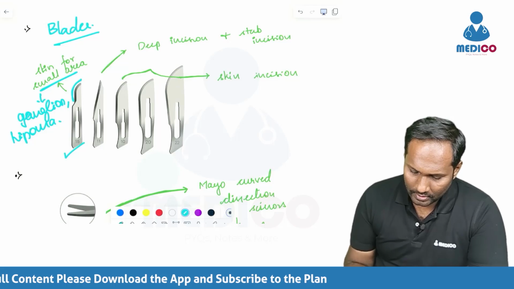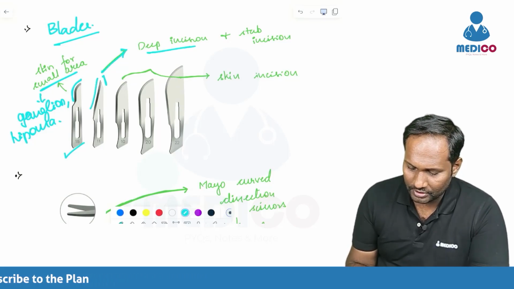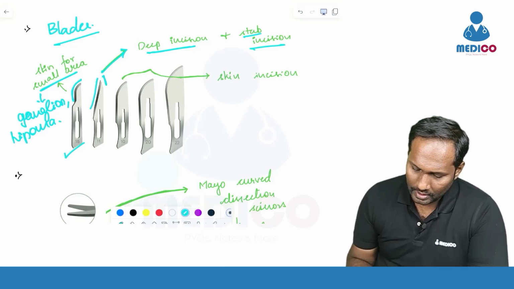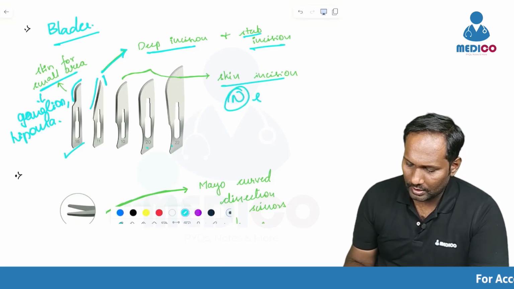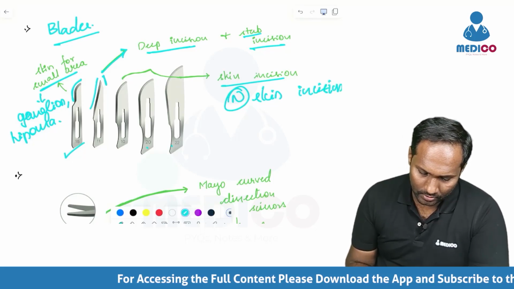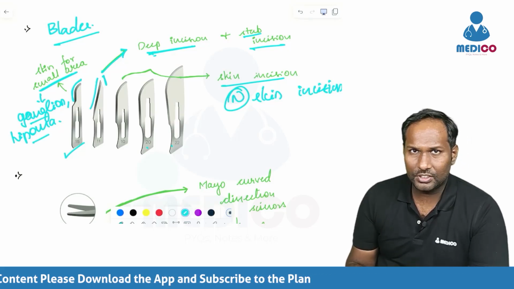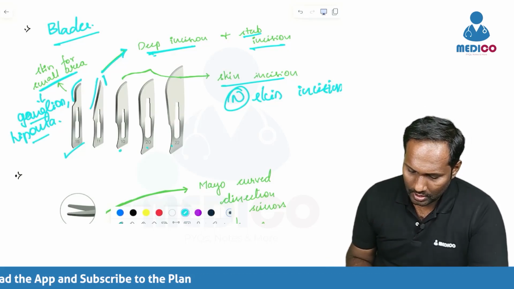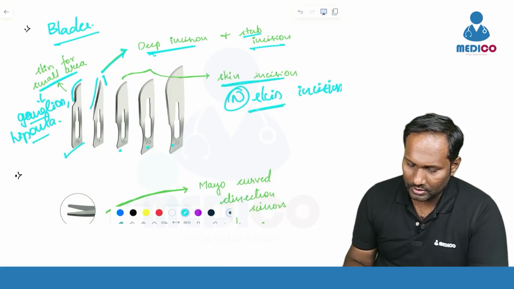And the 11 blade is usually for sharp deep incision. 10, 20 and 22 are for the normal skin incision. I repeat again, 15 is for small areas, ganglion, lipoma. 11 is for the deep incision, the second knife which we ask for. 10, 20 and 22 are the skin incision knives for normal skin procedures.